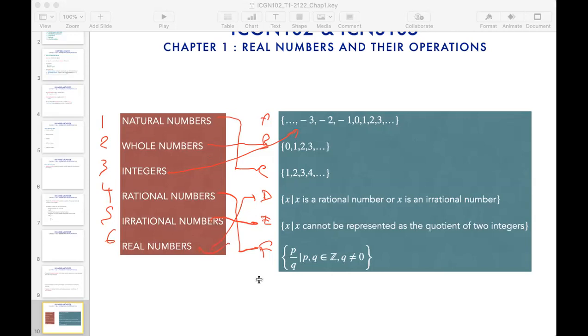So this is the way we represent the set of different numbers. Any questions for this slide, everyone? If no, let's move on to the next slide.